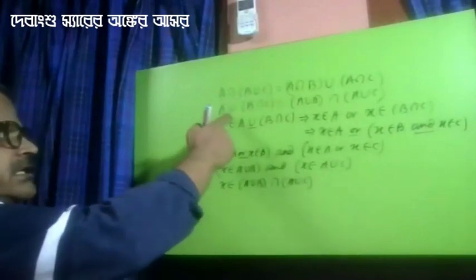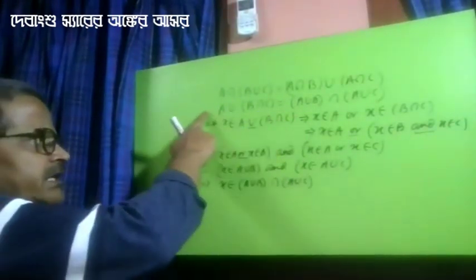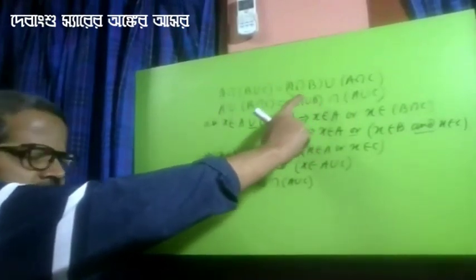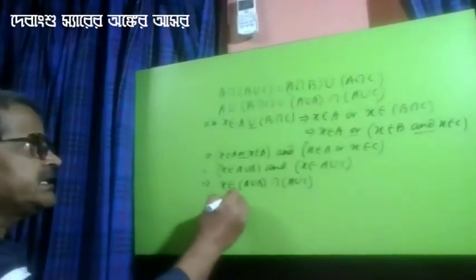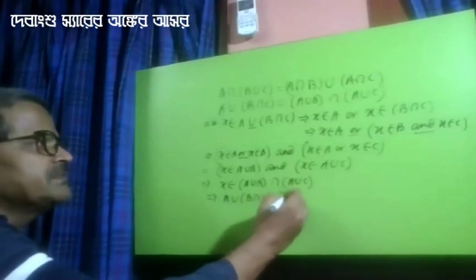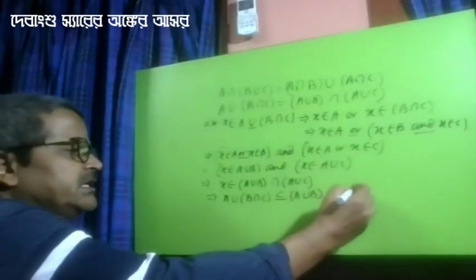So I considered an element of this set and I proved that it is also an element of this set. So that establishes that A union (B intersection C) is a subset of (A union B) intersection (A union C).